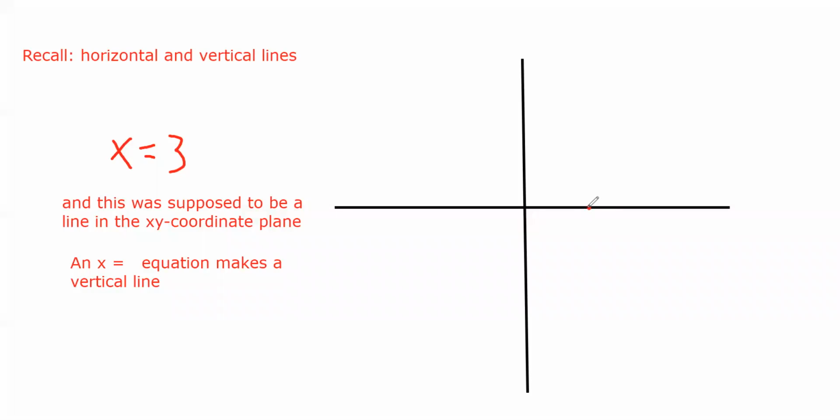It's going to be the vertical line that passes through the point 3, 0. So something like this, a straight up and down vertical line. And so that's how you would graph x equals 3.